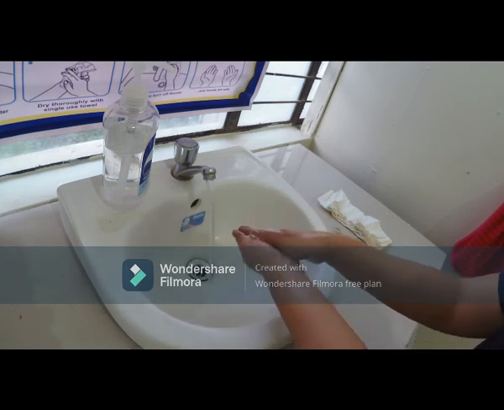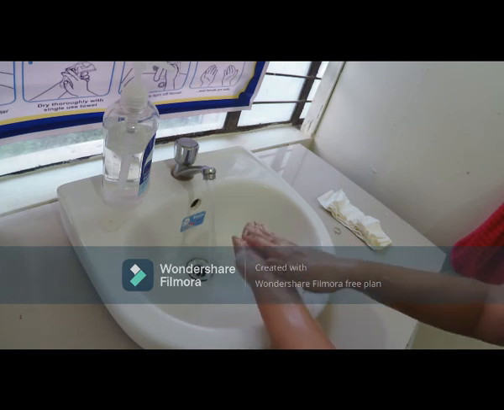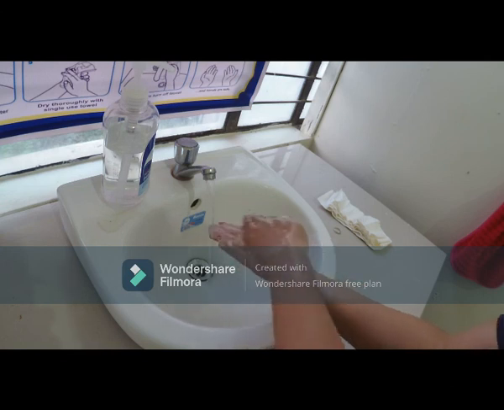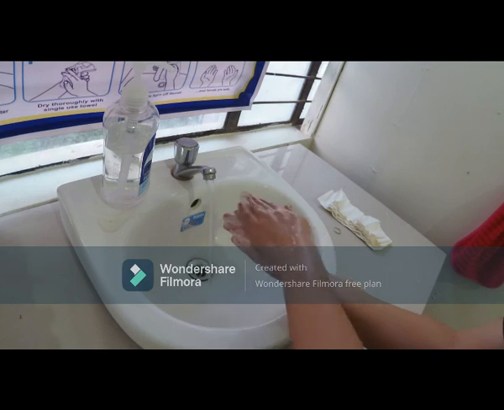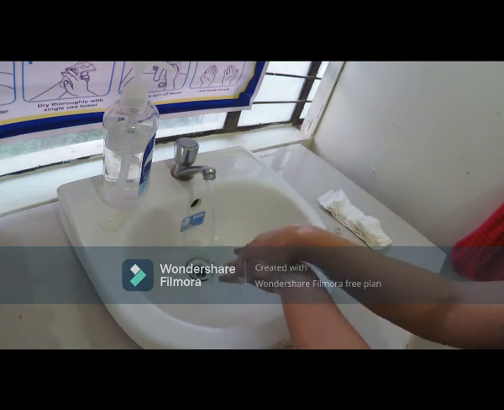So, first is rub the hands palm to palm in a circular motion. And the next, so the second step is right palm over the left dorsum, with interlaced fingers.